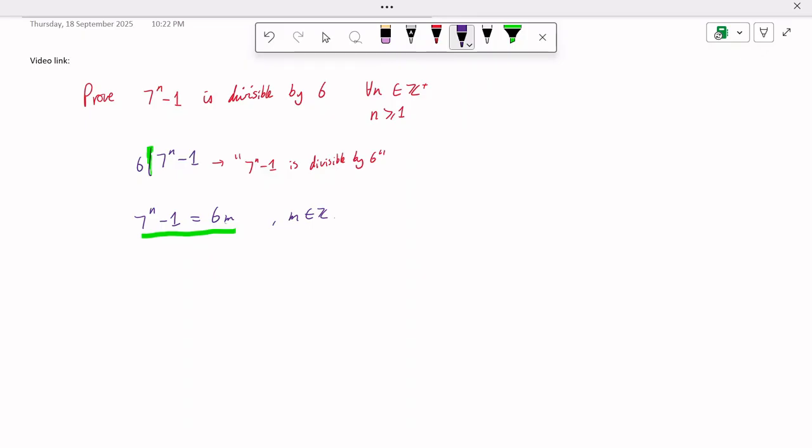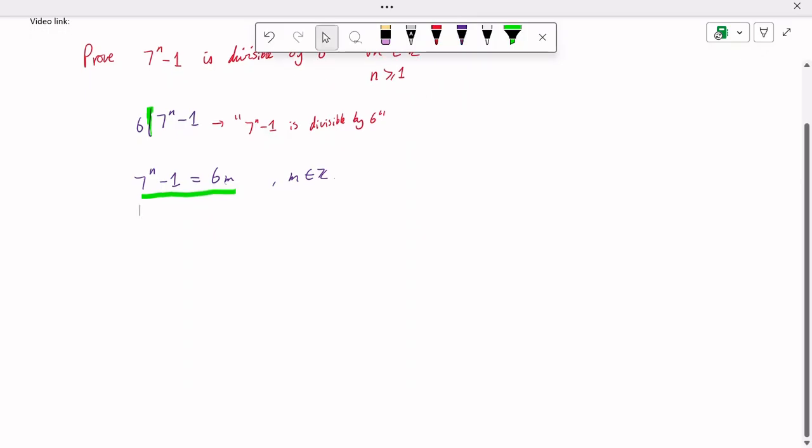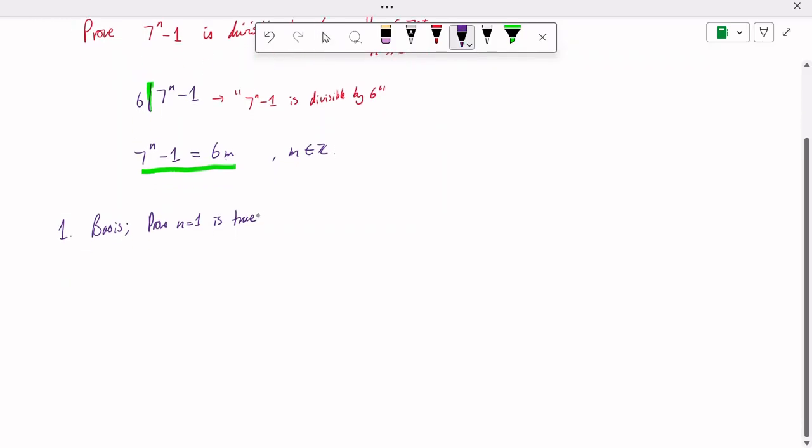Let's actually do the problem now. First step is always going to be the basis step. So I'm going to check that n equals 1 works. So is 7 to the power of 1 take 1 divisible by 6?